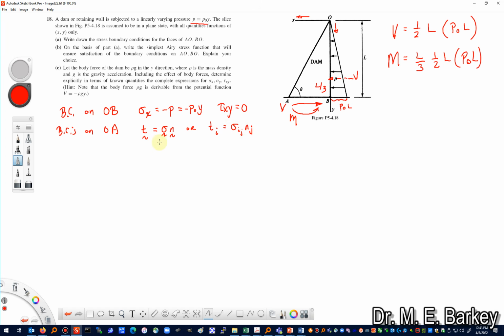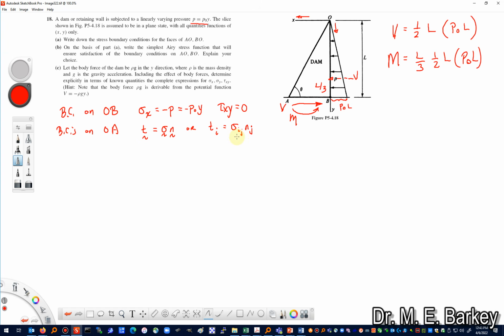Now, our book may use the symbol boldface sigma n or something like that to indicate the stress vector. The stress vector and the traction vector mean the same thing. I learned it as the traction vector, and that's what I say and use in my notes. If you read our particular book, it probably says the stress vector. To me, that's a little bit too confusing, although it is on a stress boundary condition, but it's not the same as the stress tensor.